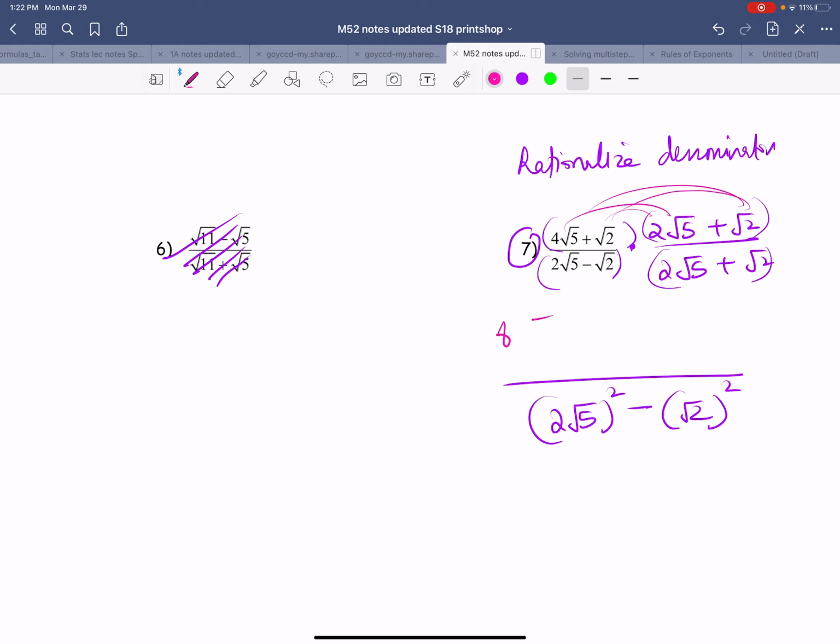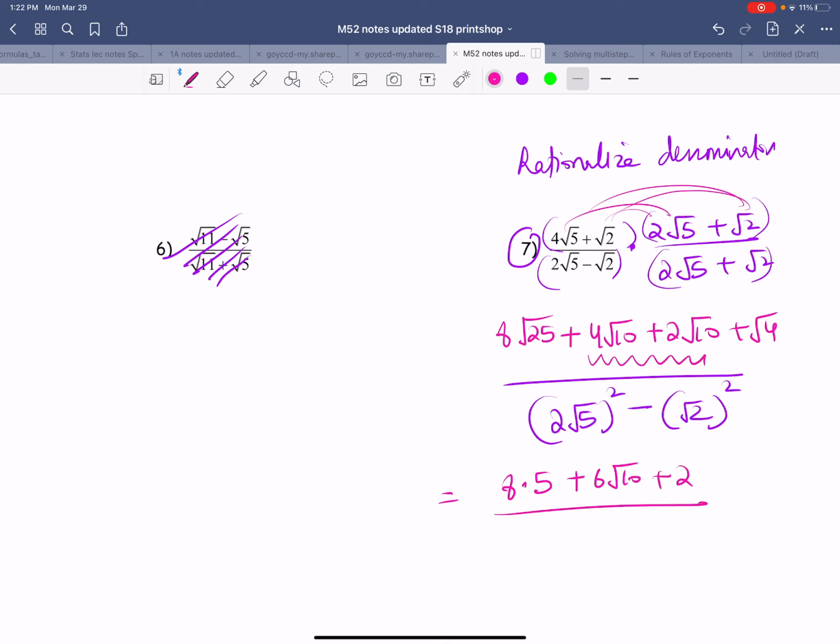So that's 8 root 25 plus 4 root 10 plus 2 root 10 plus root 4. Simplified further, 8 times 5 plus 6 root 10, like terms I can combine, plus 2 over, so when you do 2 root 5 squared, that means you are doing 2 root 5 times 2 root 5, which turns out to be 4 times square root of 25, which is 4 times 5, and that's going to be 20.